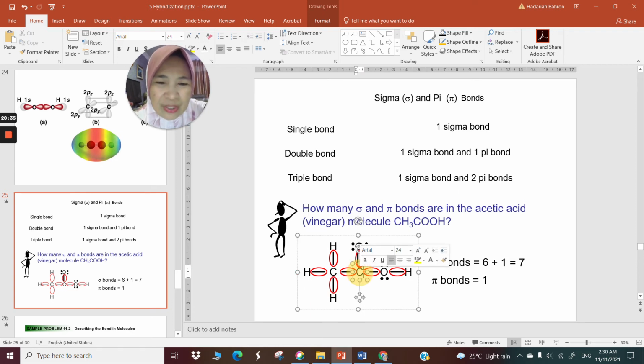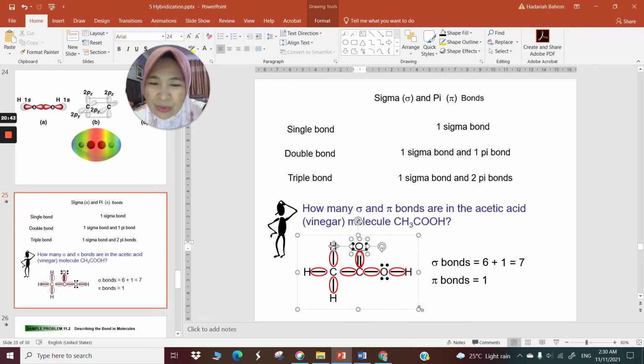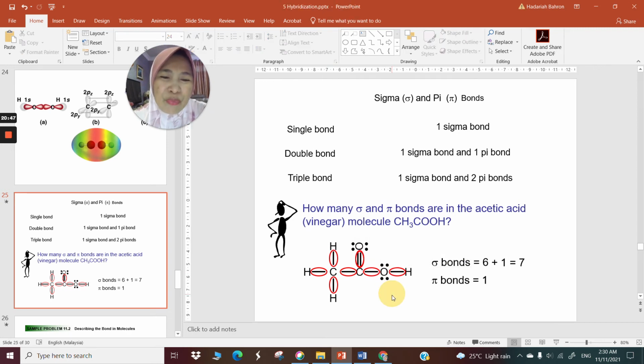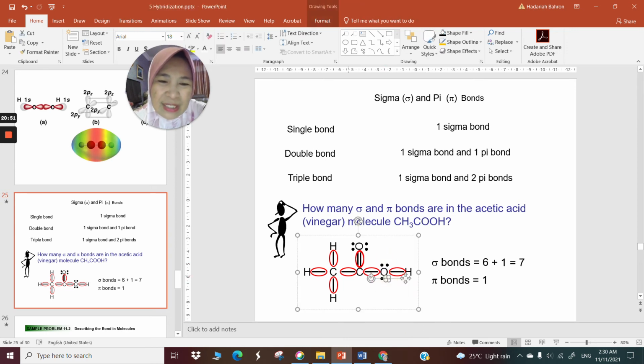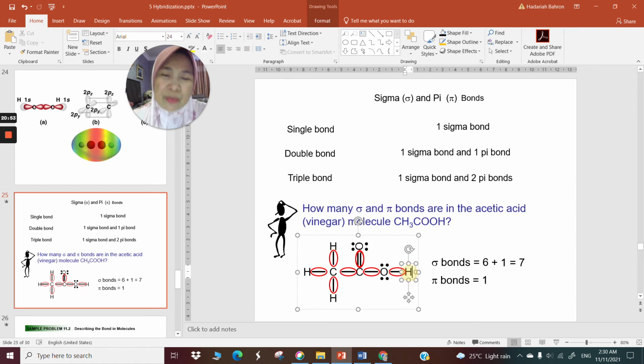Looking at that central atom, you see 3 atoms bonded to it: 1 atom, 2 atoms, 3 atoms, so it has to be sp2. And over there, you have 2 lone pairs of electrons and 2 atoms bonded. That makes 4, and 4 is sp3.